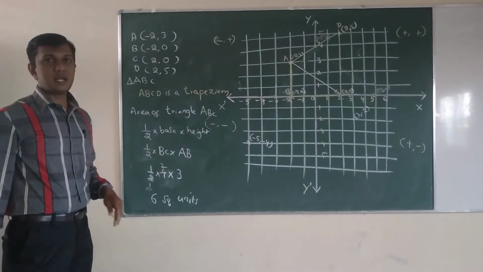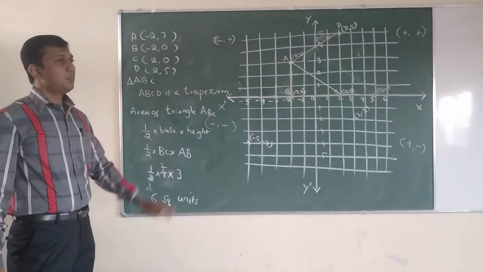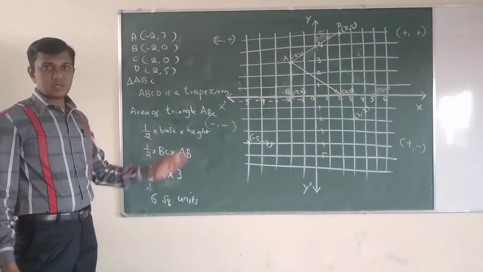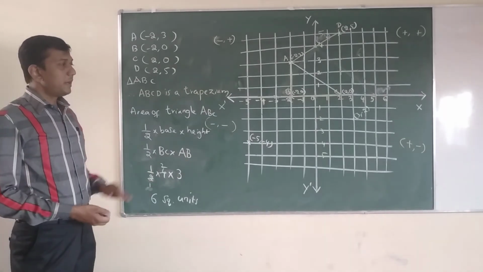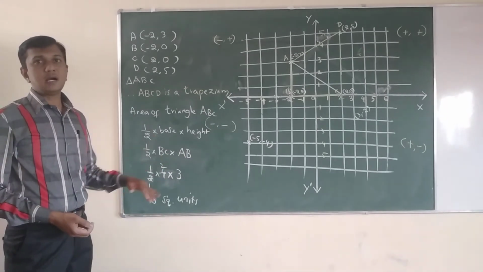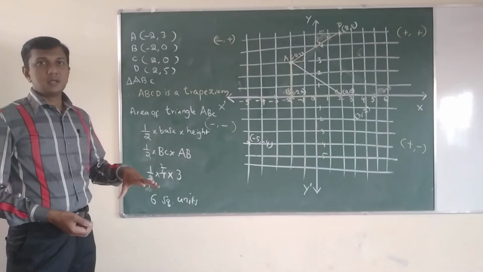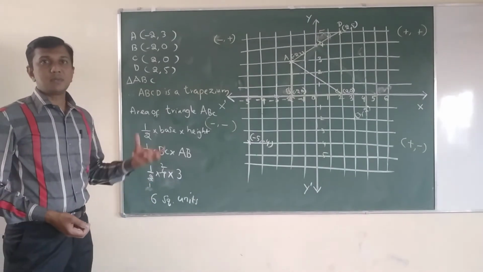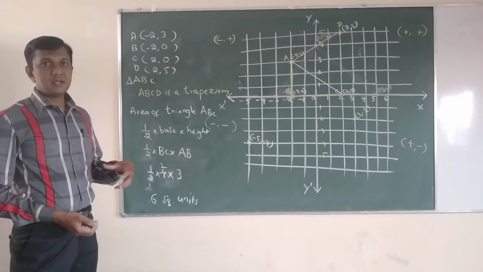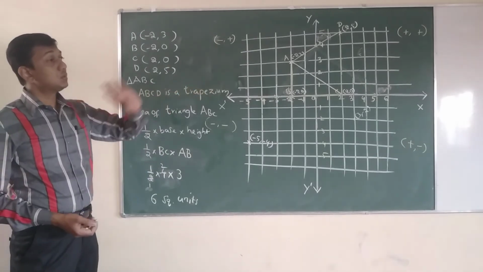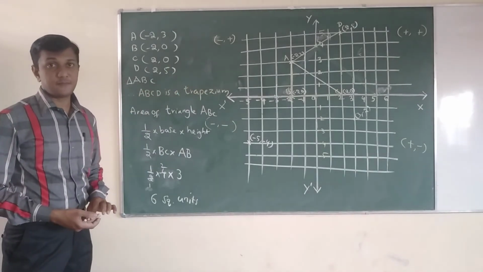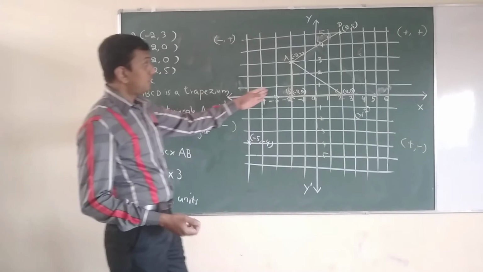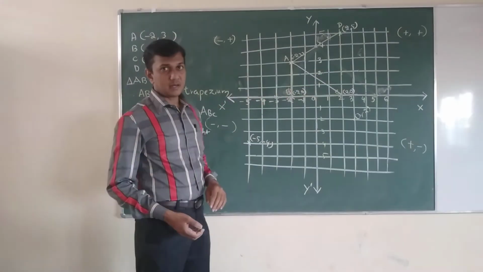So this is how some model problems will be given. That means in examination, not only the plotting of the points on the graph, you will be asked to find out the area of the particular figure. Sometimes you will get a rectangle, sometimes a parallelogram, sometimes even he will ask you to calculate the trapezium area itself. So we can find out the trapezium area also here.